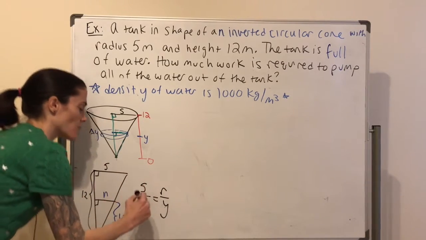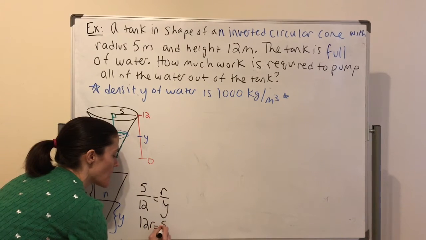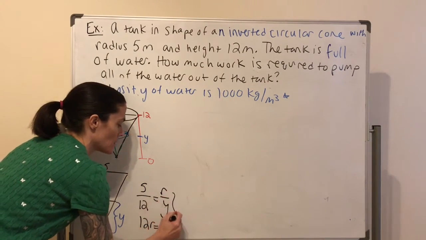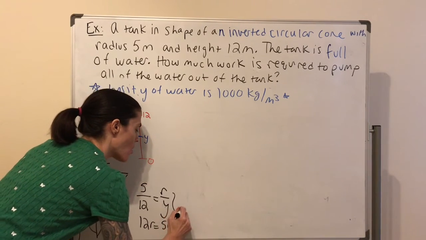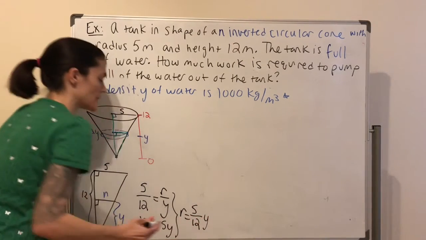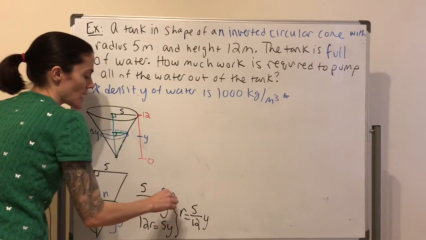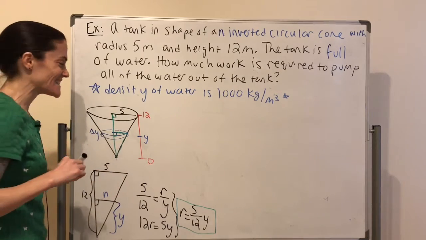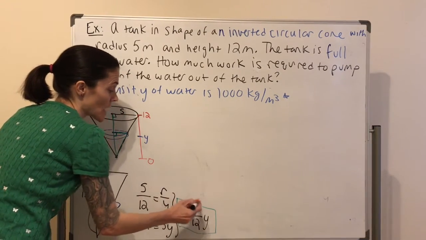We have 5y equals 12 r, or finally, solving for r, divide: r equals 5 over 12 y, like this. So this is a formula for my radius.